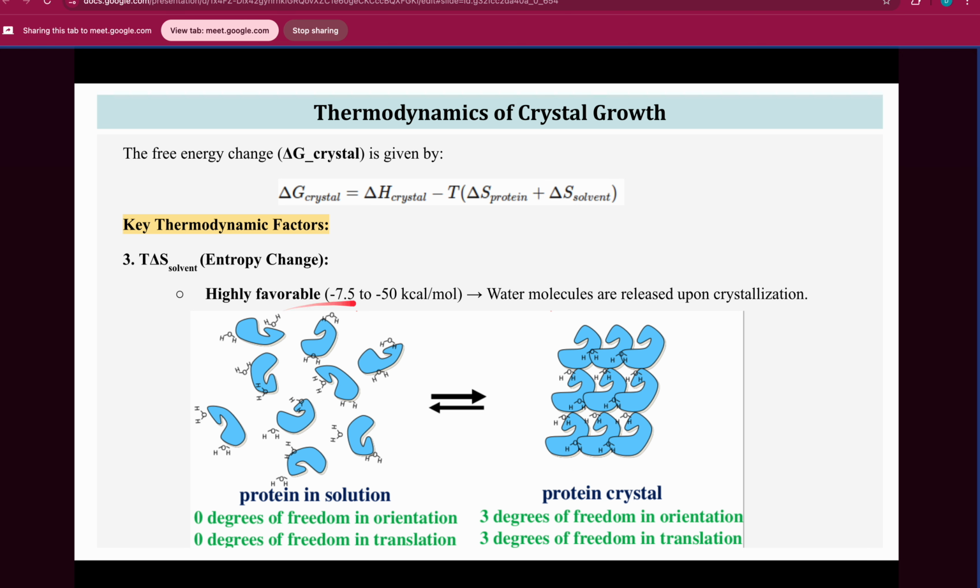It is highly favorable and its value ranges from minus 7.5 to minus 50 kilocalories per mole, which states that water molecules are released upon crystallization. So this shows that the entropy change, that is T delta S of solvent, is quite high, which is highly favorable.